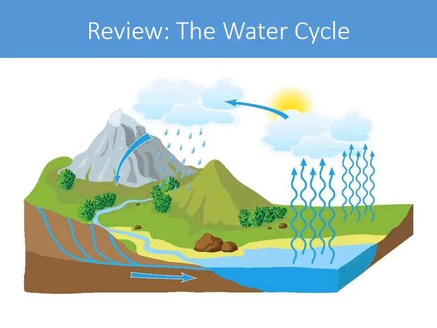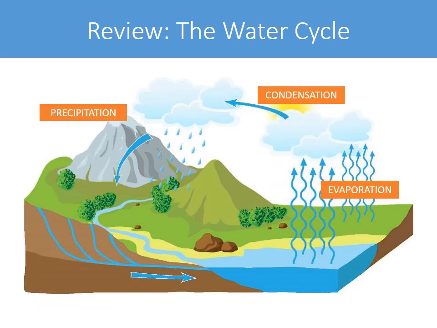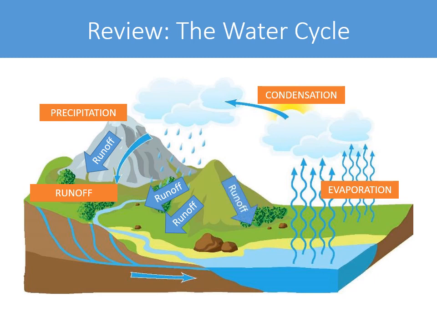So we're going to go ahead and review our water cycle. You guys know that it's evaporation, condensation, precipitation, but today we're going to talk about runoff. And runoff is not just one location. As you can see on our map, as it's starting to show with the blue arrows, runoff comes from all different sources.